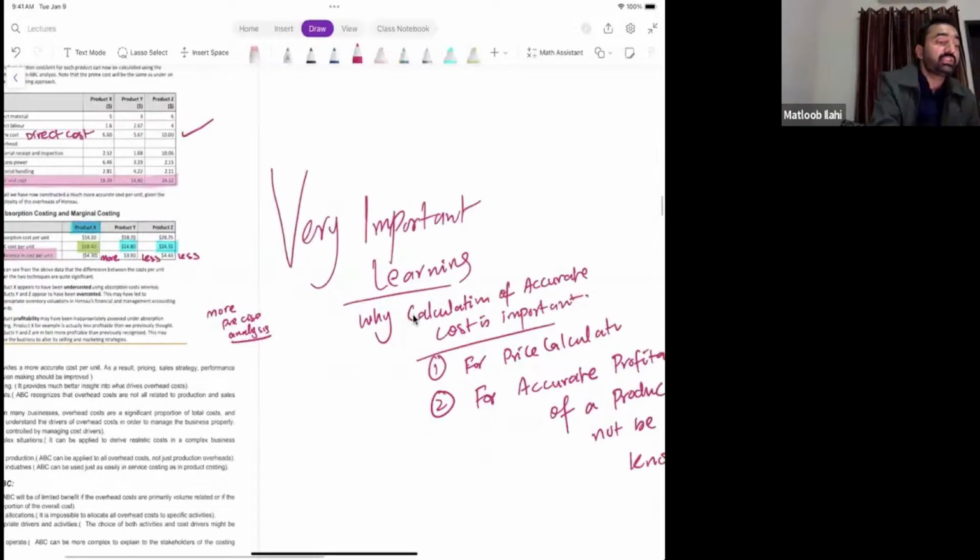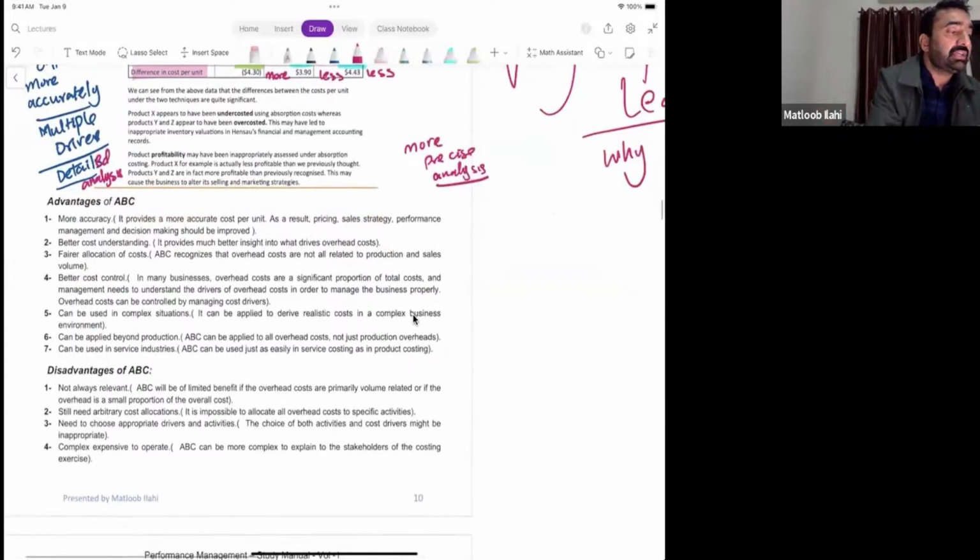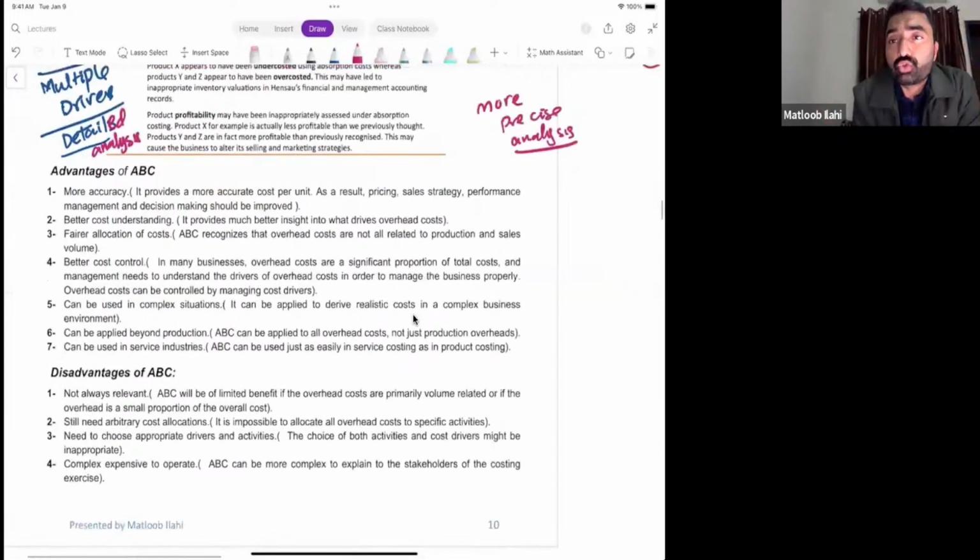Okay, so this is how to use ABC for cost calculation. Now let's have a quick go through of the advantages and disadvantages of activity-based costing. It offers more accurate cost. Yes, that is correct. I already explained that ABC offers detailed analysis of overheads.